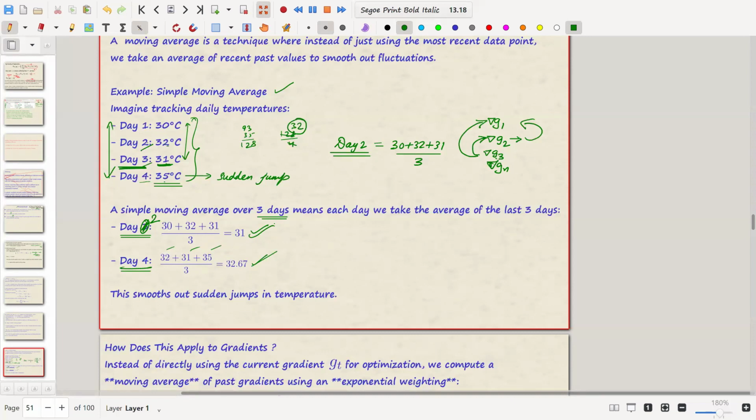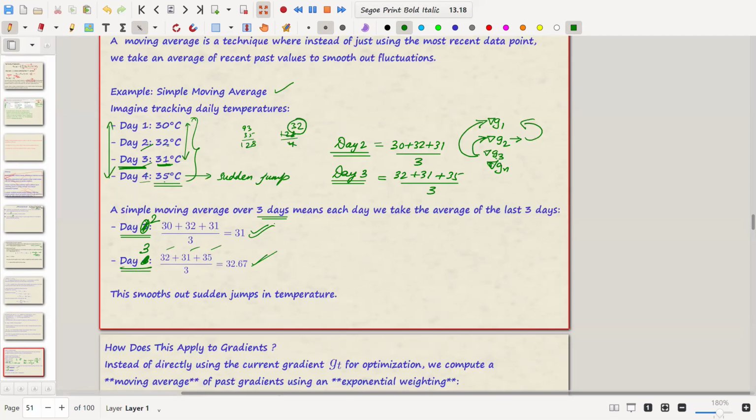Similarly, when you are computing the moving average of day 3, it should be 2, 3, 4. So 32 plus 31 plus 35 by 3. So this 4 should be replaced by 3. This is just a mistake I made, so just correct this in your notebooks.